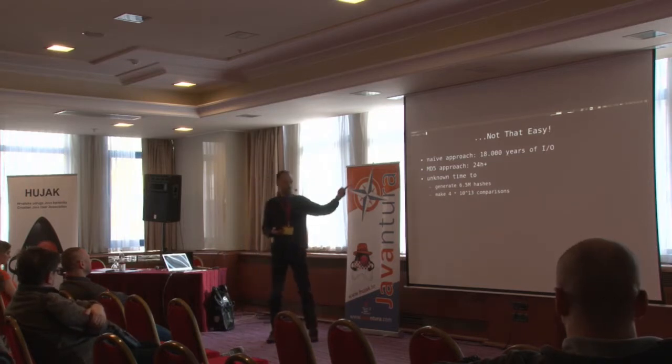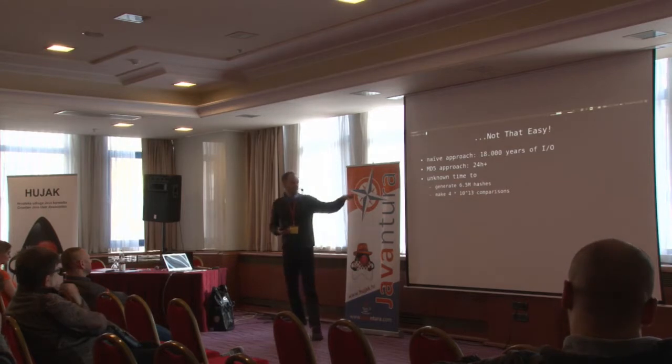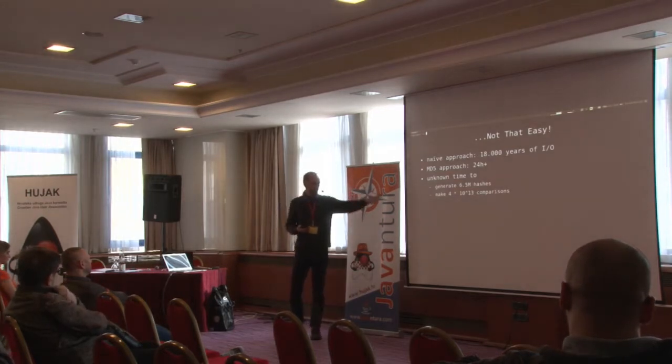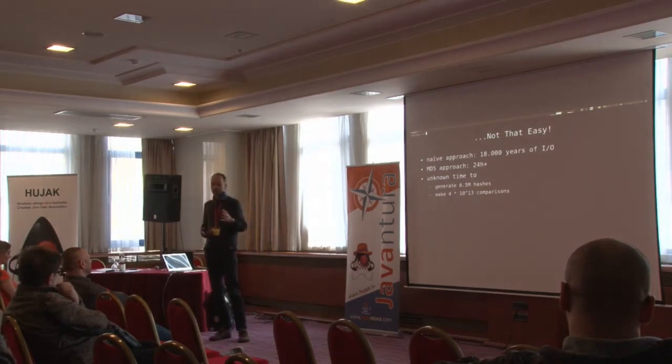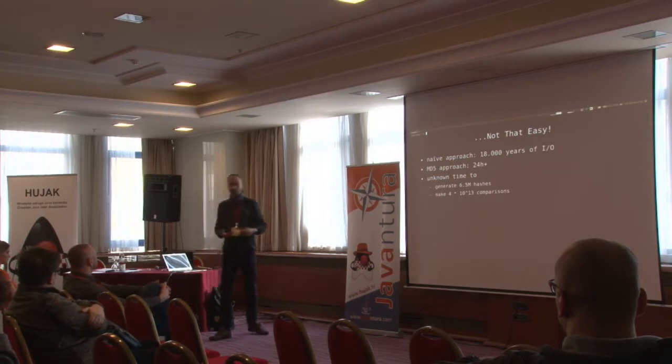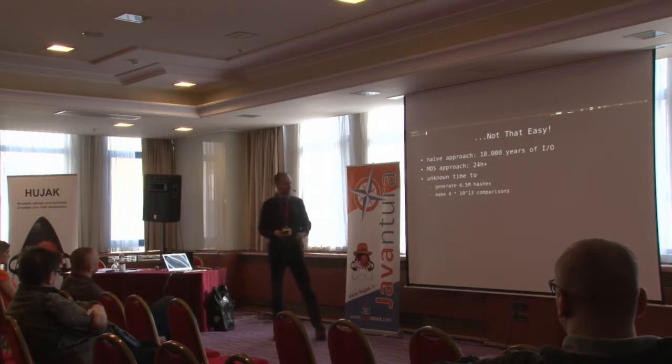And then you have to generate 7 million hashes and then make 7 times 7, around 40 billion comparisons of all these hashes. So there's a problem of scale here. You start with the idea, oh, it's simple to just find the matches, but the numbers work against you.